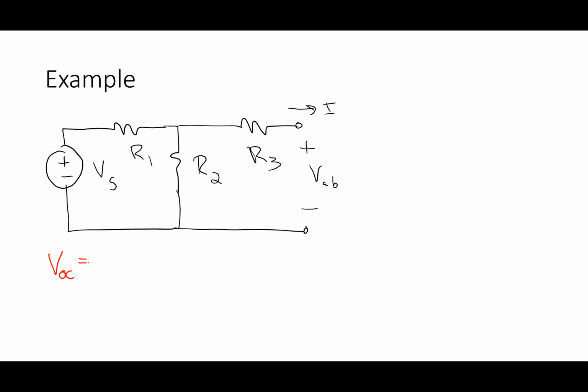Because it's open circuit, so there's zero current and no load there. So VOC is the voltage across R2. What would that be in terms of the components I've got here? It's R2 over R1 plus R2, times V.